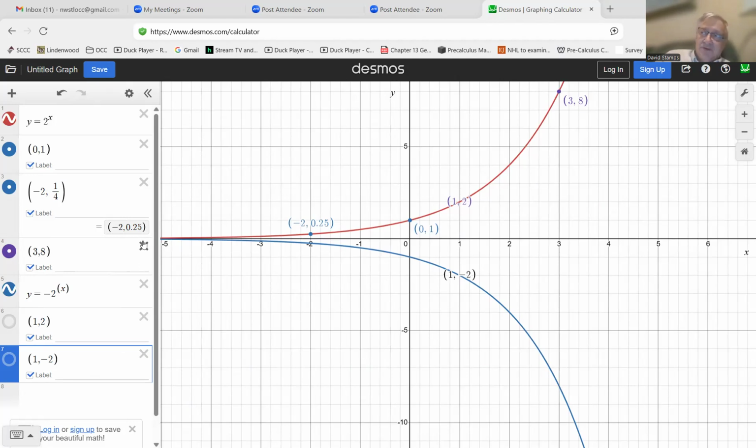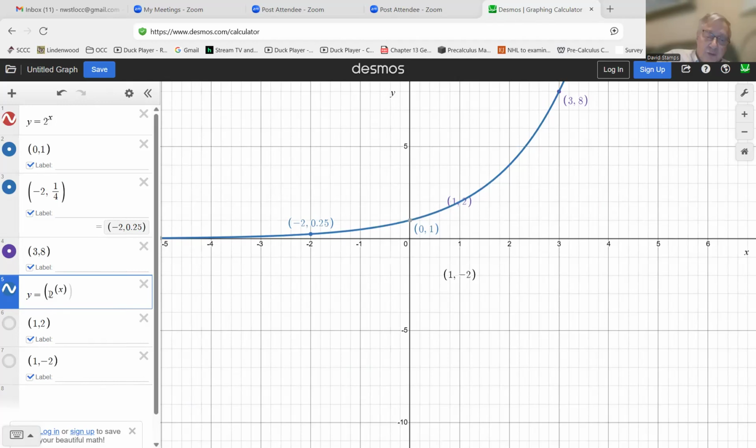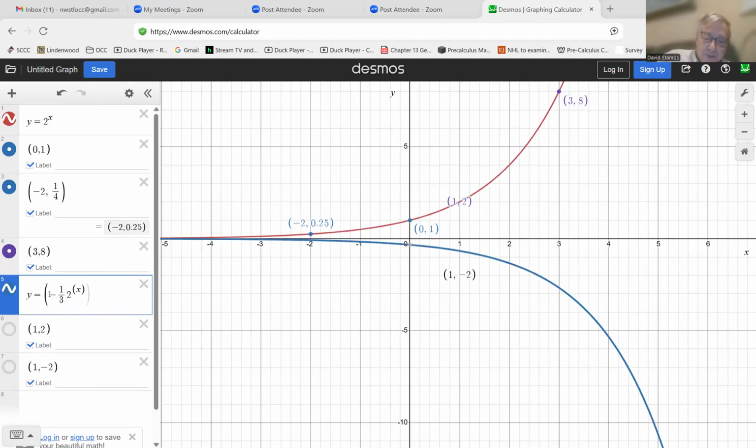And the last type of, by the way, if you could multiply by a number other than -1, if you multiply by -1/2, or let's make it -1/3, it pulls the graph closer to the horizontal axis. So, suppose this was not -1, but -1/3.